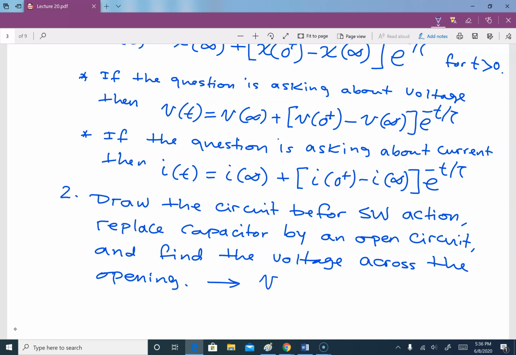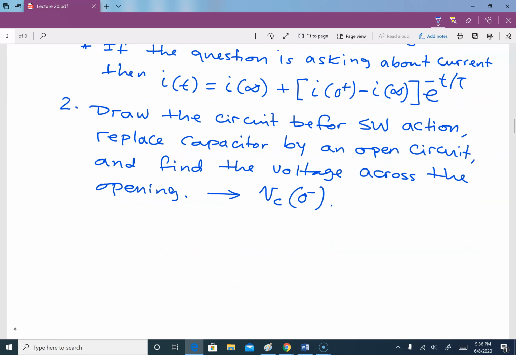That means we are going to get VC of 0 minus. That is at the instant before the switch action.